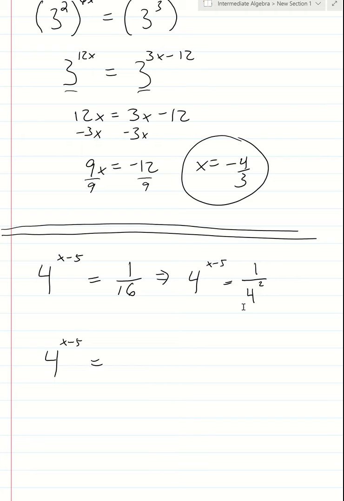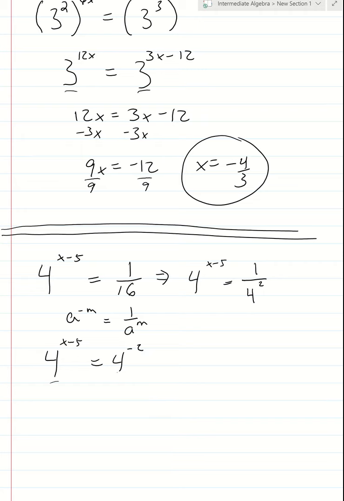The right side, however, we had a law of exponents involving negative powers. You may recall a to the negative m equals 1 over a to the m. So we're going to use this idea in that instead of 1 over 4 squared, that would be the same thing as 4 to the negative 2 power. These are equivalent. 1 over 4 squared and 4 to the negative 2 power mean the same thing.